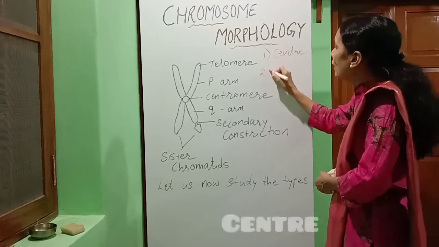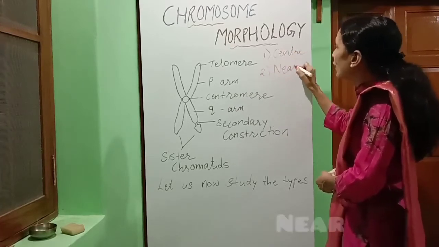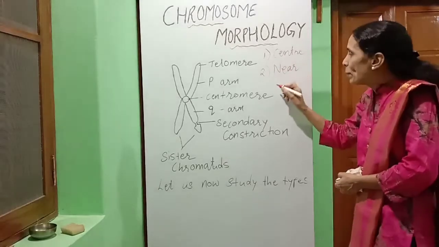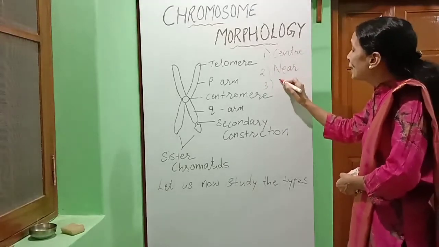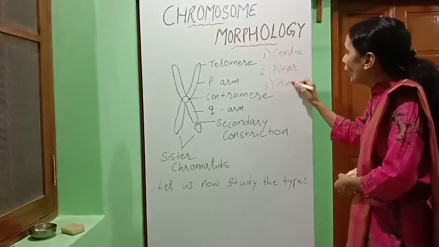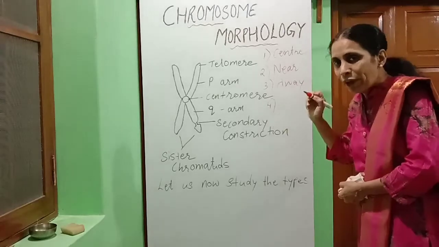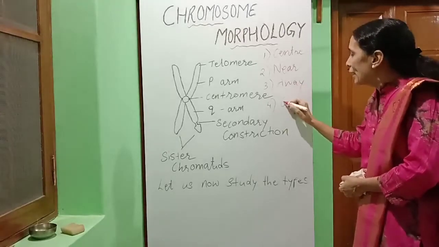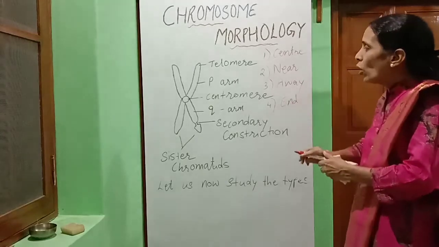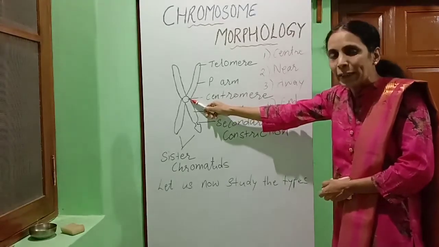The second, when it is near the center. And the third, when it is little away from the center. And number 4 will be at the end. So, this centromere, it is at the center.